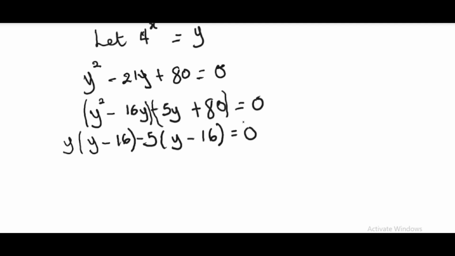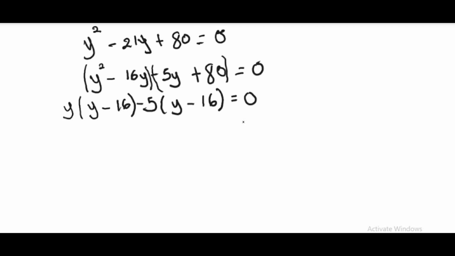So y minus 16 is common to both. So we bring out the common term y minus 16. So when we bring out y minus 16, what is left? We put them in a bracket, y minus 5. And then we equate to 0.